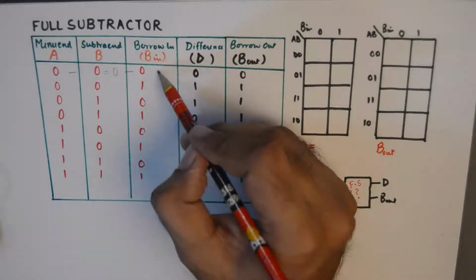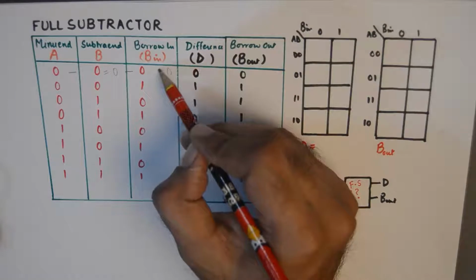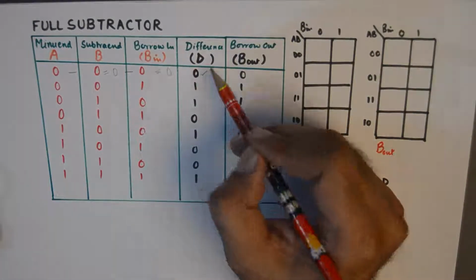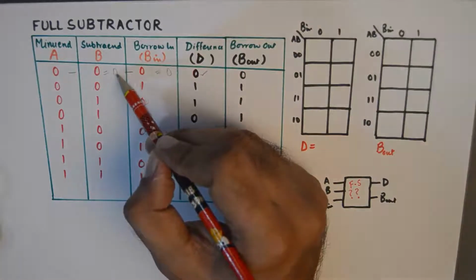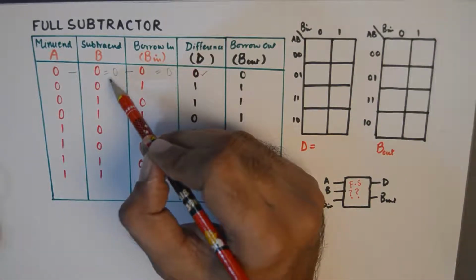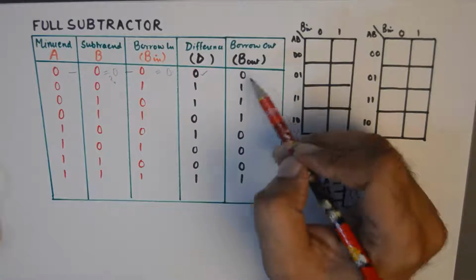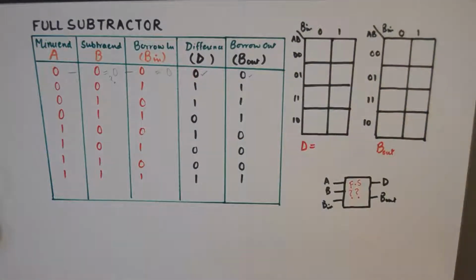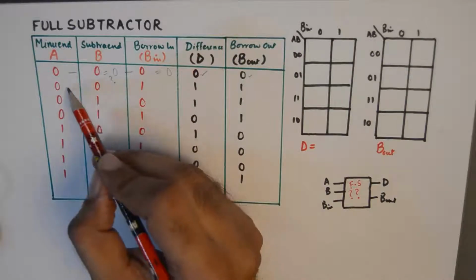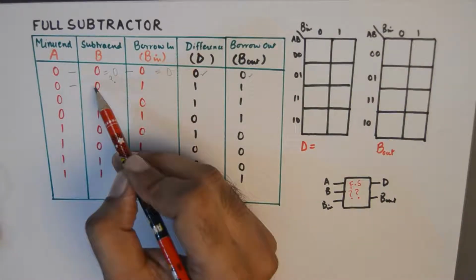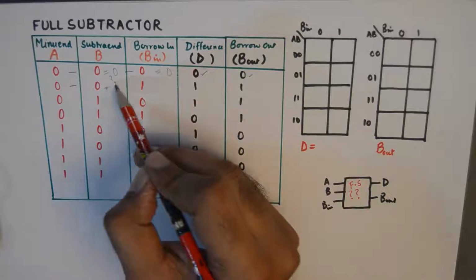We get a difference of 0 which we write here, and we do not need to take a borrow at this position. So we say the borrow is also 0.